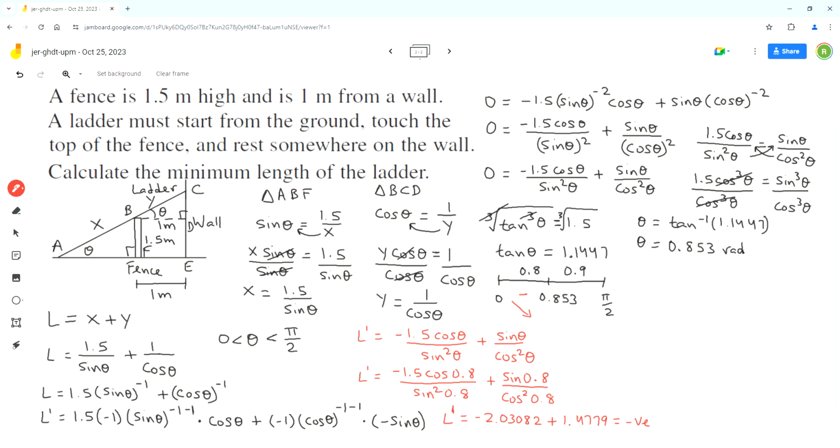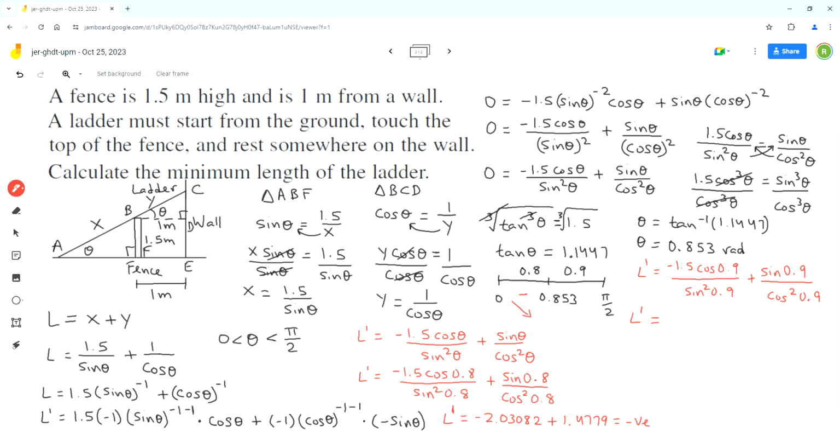Now we can do the test on the right side. So we'll sub in theta as 0.9. Now we can evaluate this expression.